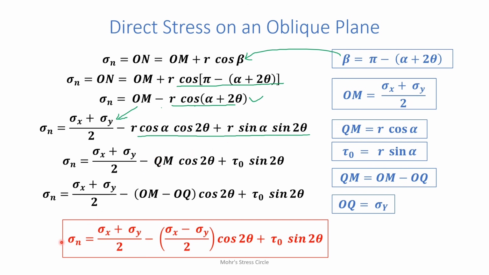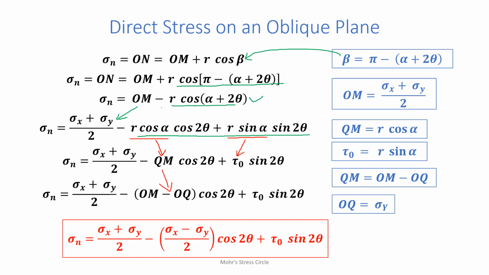Now R cos alpha is QM and R sin alpha is tau naught, as we have observed from the Mohr stress circle. So we substitute. Then QM is OM minus OQ, so let us substitute this.